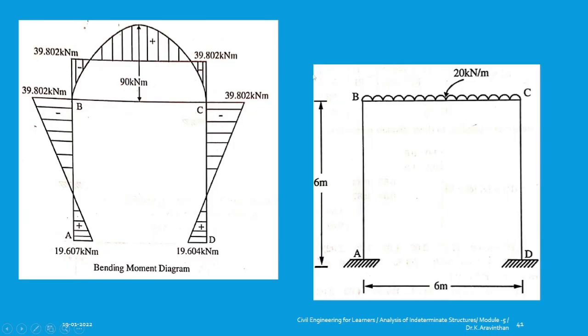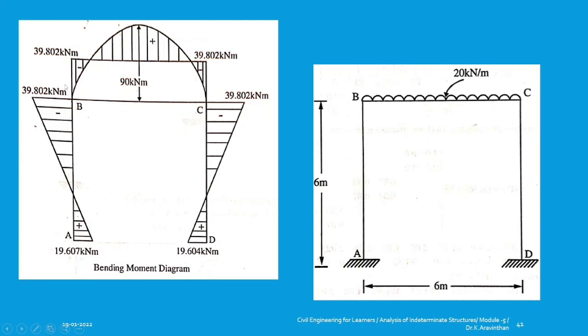Due to symmetry, you can see that at joint B and joint C, if you cut this section, you will be having two symmetrical values of bending moment. Because of structural symmetry, the bending moment is also symmetric here. And at the joint A, you got 19.607.